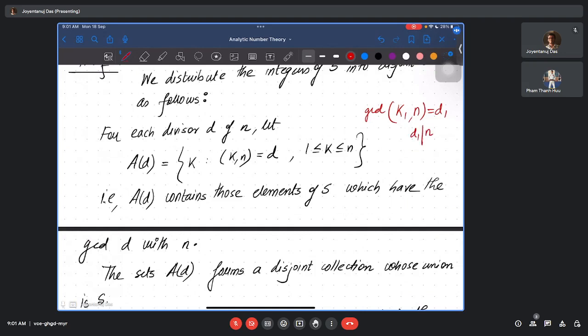So this k1 must have come into this set A of d1, because we are taking the whole collection of divisors of n. So d1 is a divisor of n, and we cannot miss any element.